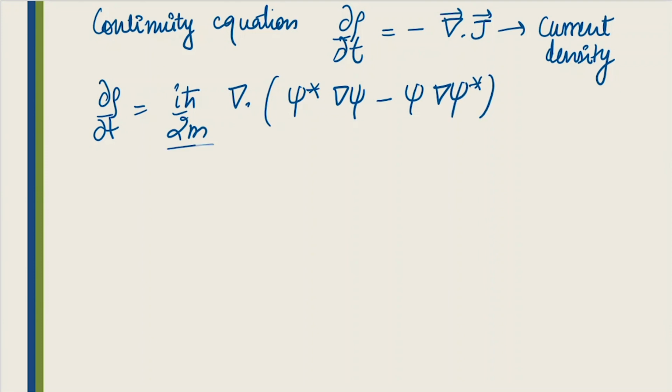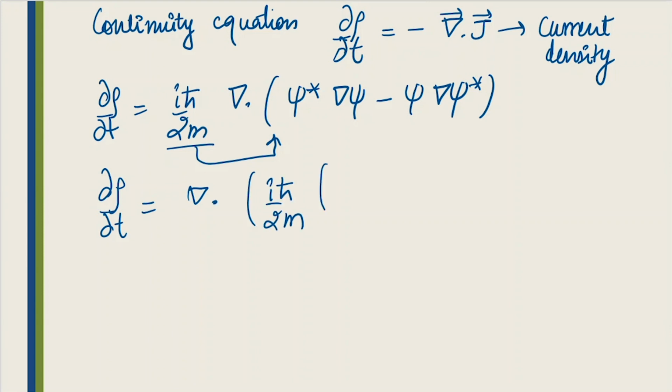We can take this constant term inside the brackets, so our del rho by del t becomes del dot of iota h cross by 2m psi star del psi minus psi del psi star.